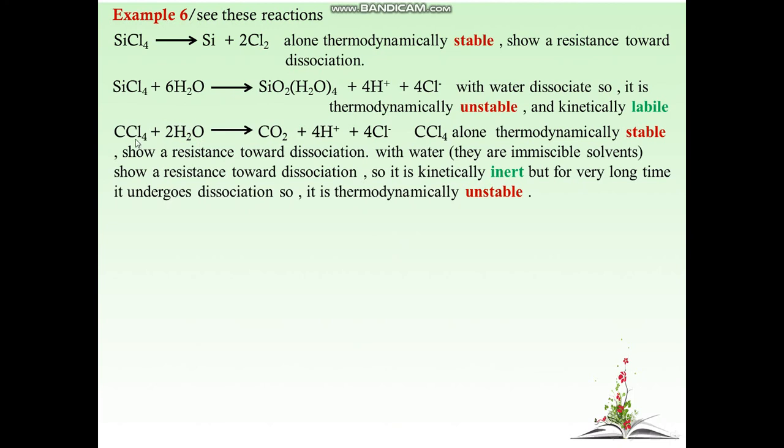So we say carbon tetrachloride is stable. It shows a resistance toward dissociation, it is kinetically inert, but over a long time it undergoes dissociation, so it is thermodynamically unstable.